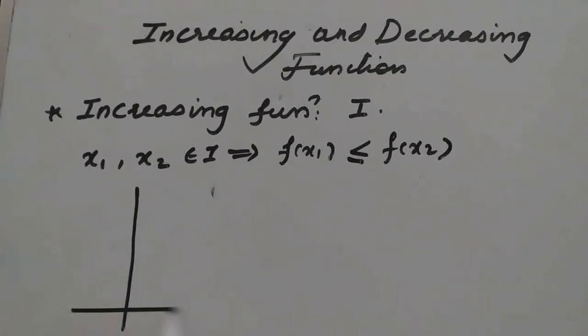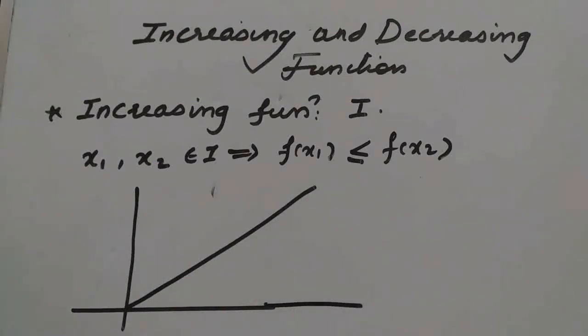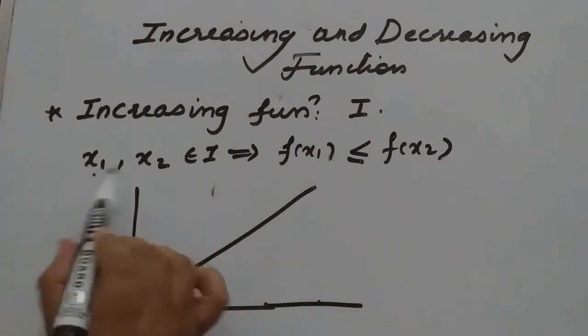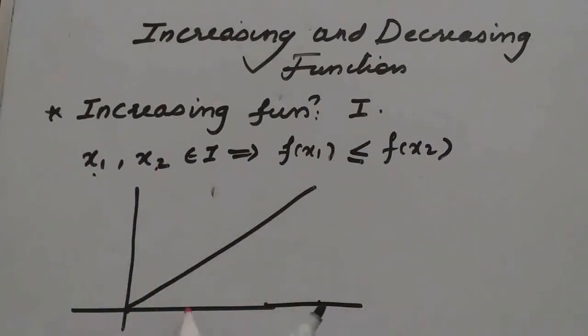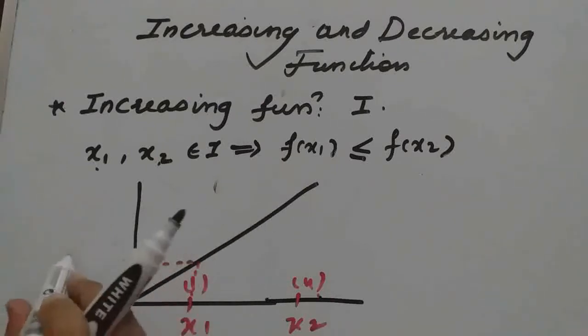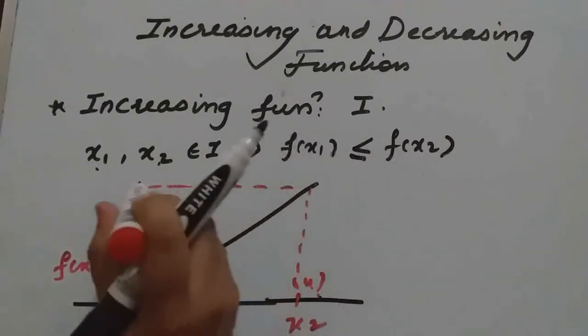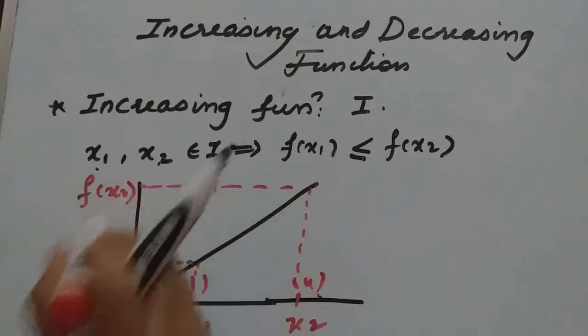Suppose you know this graph, okay, so suppose this interval we are considering, x1, x2 belong to I. So suppose this is your x1, 1, okay, and this is your x2, suppose 4. So what will be the value of f of x1 here, and what will be the f of x2 value here, okay?